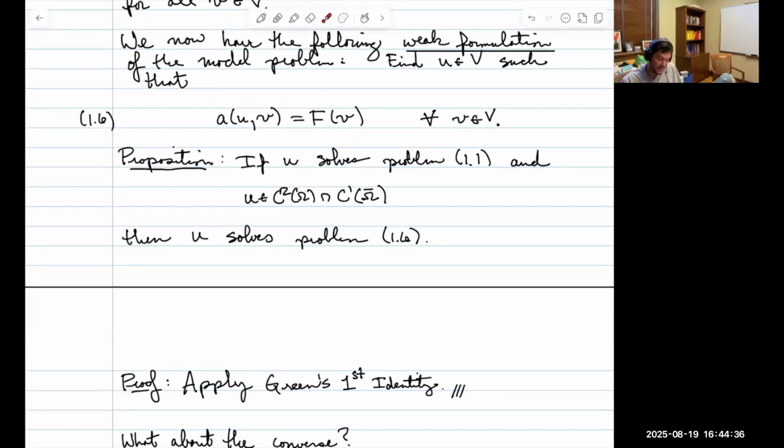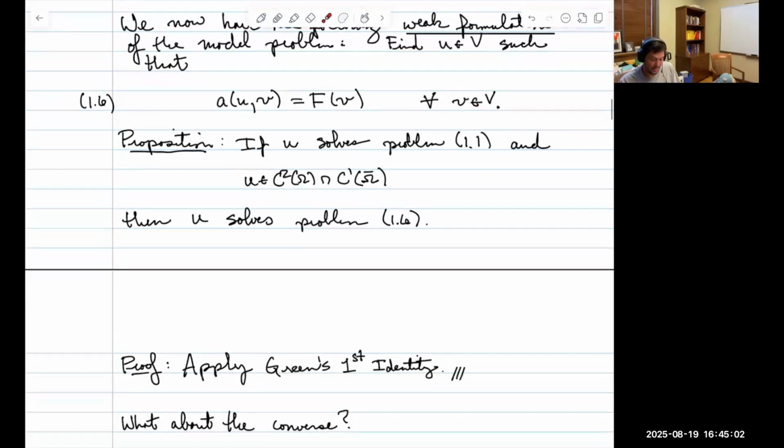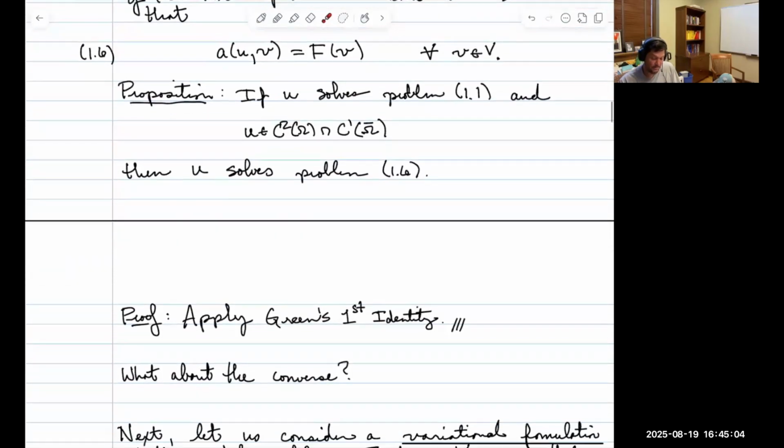If u solves the original model problem and it has this extra regularity attached to it, it's C2 in the interior and C1 up to and including the boundary, then u also solves problem 1.6, which is what we call the weak formulation problem, right? It will have more derivatives than we need for this problem, but at least we know it has to be a solution according to this proposition, if it's true.